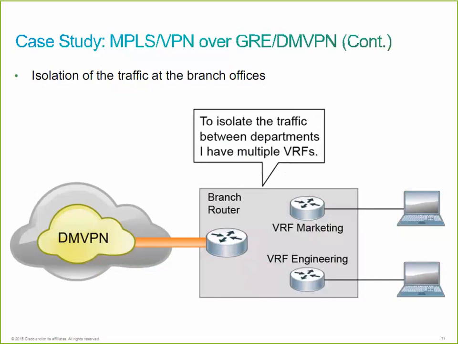This is what allows us to isolate the traffic between the departments. Now you could do it with VLANs and access control lists and other methods, but this is probably the simplest way because we are talking about routing. But it will add some complexity, and I'm going to talk about what that complexity is as we move into the next slide.